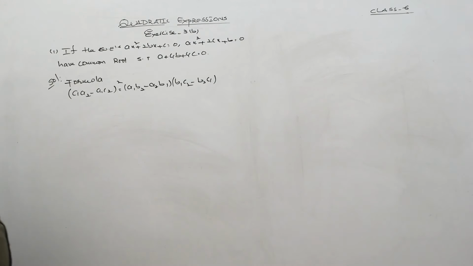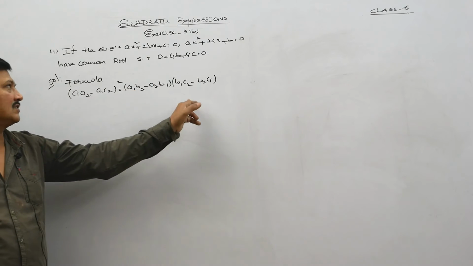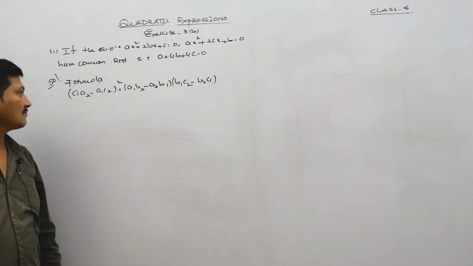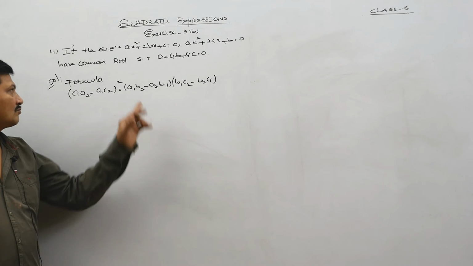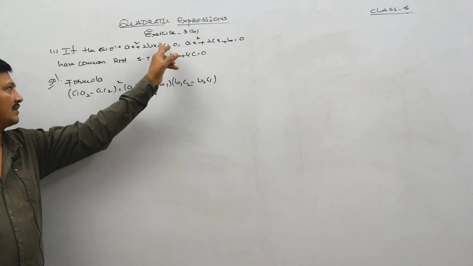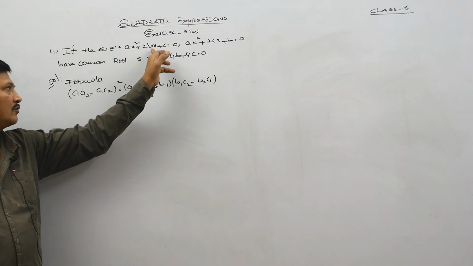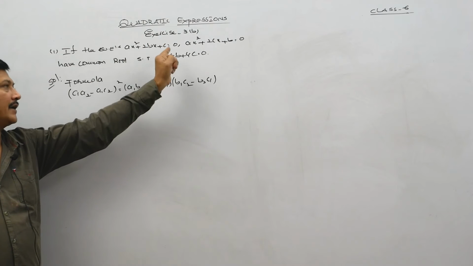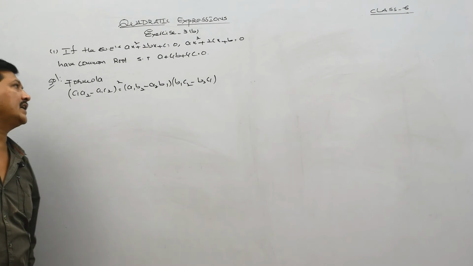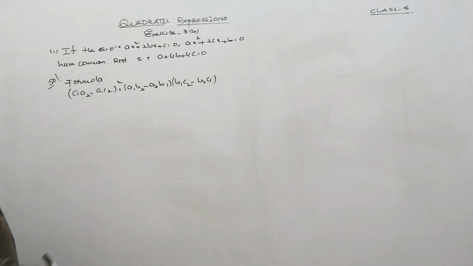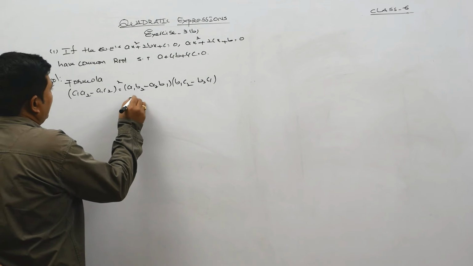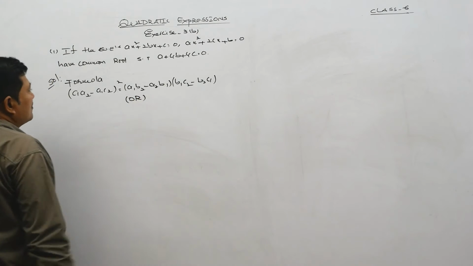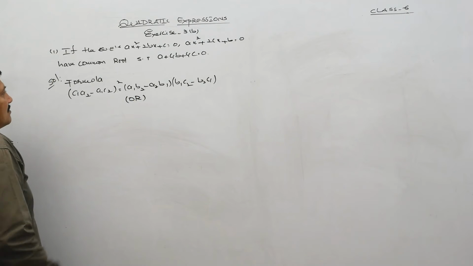So we can do this one by using this formula also, by comparing a1, b1, c1 = a, 2b, c and a2, b2, c2 = a, 2c, b. So we can do this one using this formula, and you can find that solution in other books. So let's do another one.